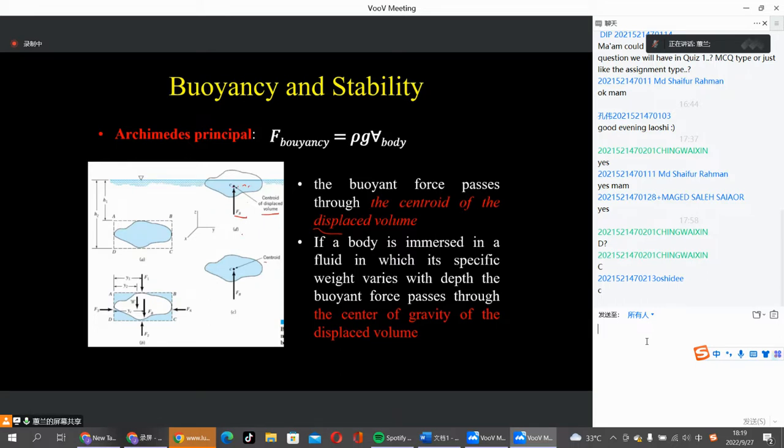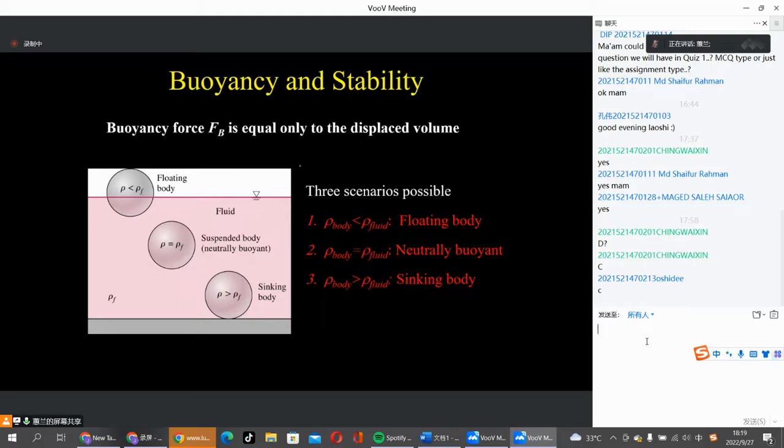Also, the buoyancy force is only equal to the displaced volume. If the density of the body is smaller than the density of the fluid, the body will float, right? If they are equal, it will be suspended. Otherwise, it will sink, right? We know this already from middle school.